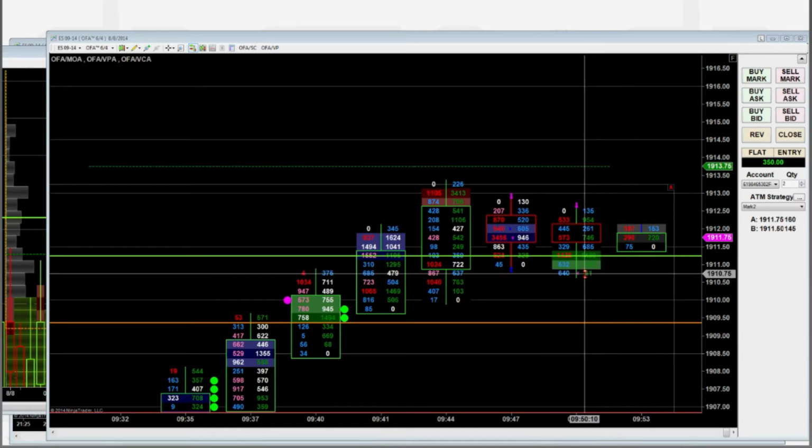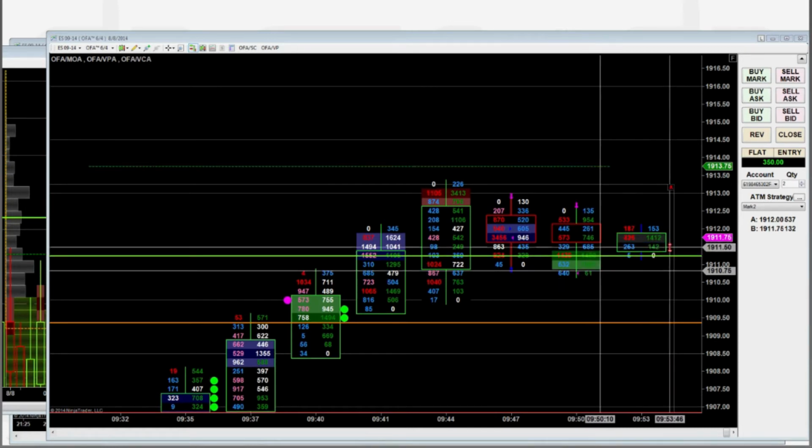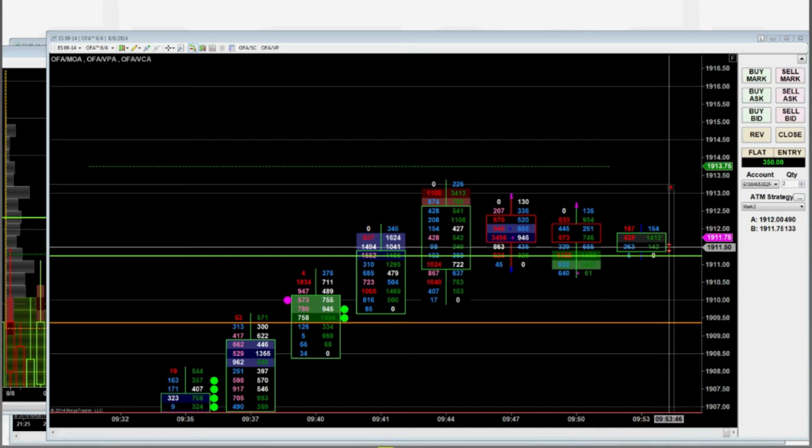What I mean by that is I just didn't want to see activity at the offer down here at 1910.75. This activity at the offer right here told me that this was slipping. All right, we're getting some strength back in here.